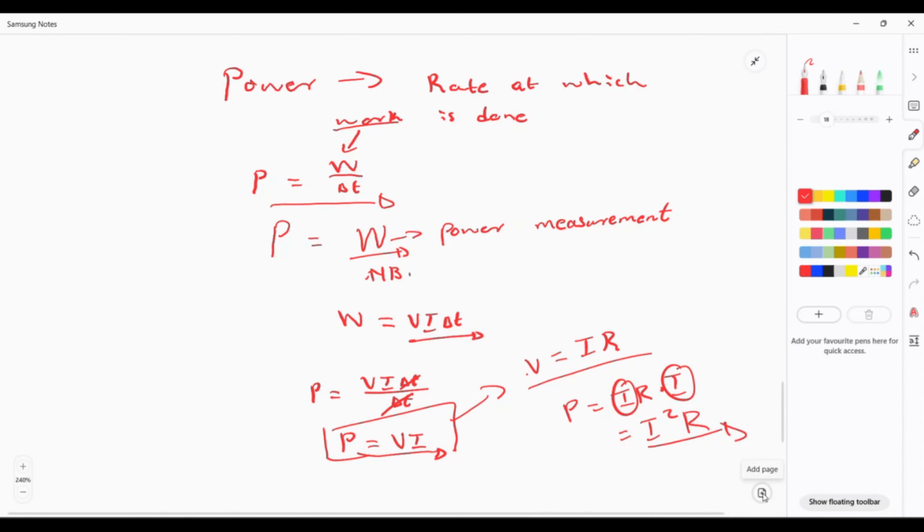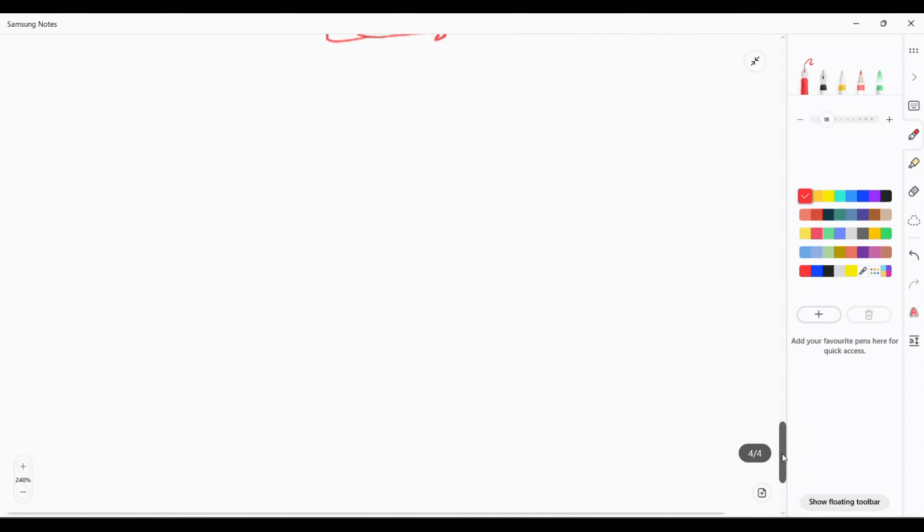Let me just quickly add the cost here. I want us to do the equations. Now we also need to talk about the cost of electricity.